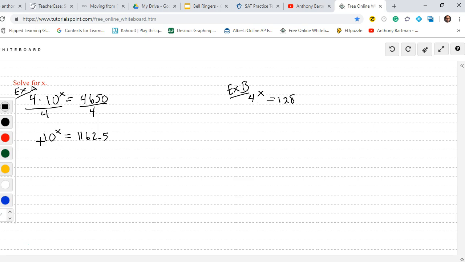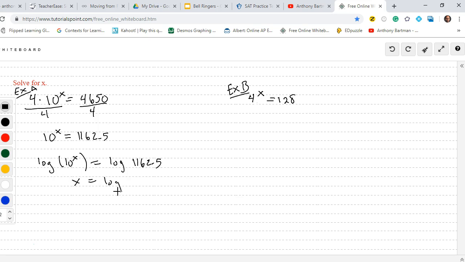If you remember, how do we get the x out of the exponent into a normal size? We can take the log of both sides. So we can say log of 10 to the x equals log of 1162.5.